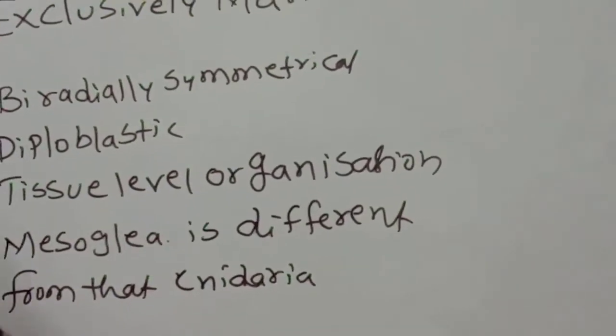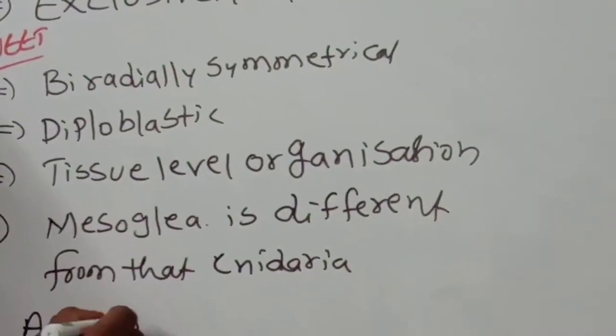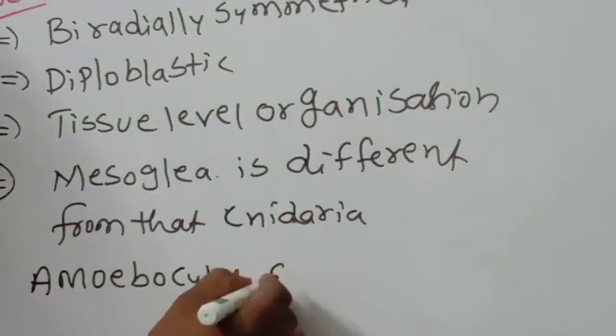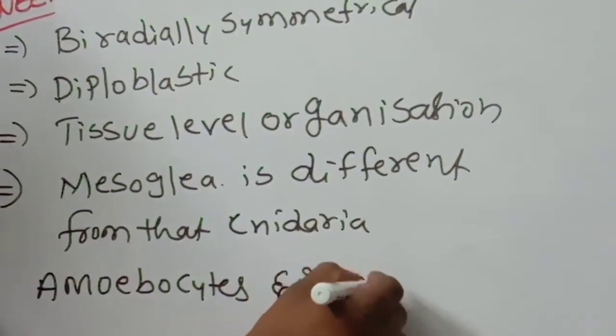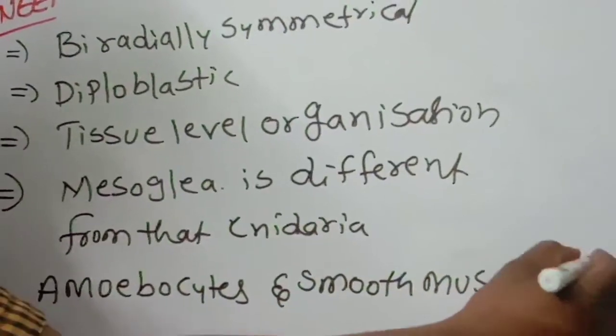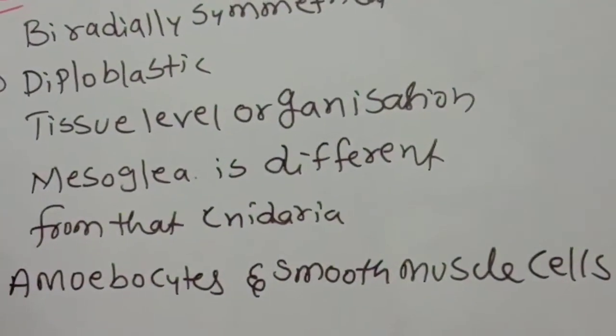It contains amoebocytes, very, very important, and smooth muscle cells. This point you should remember: amoebocytes and smooth muscle cells.